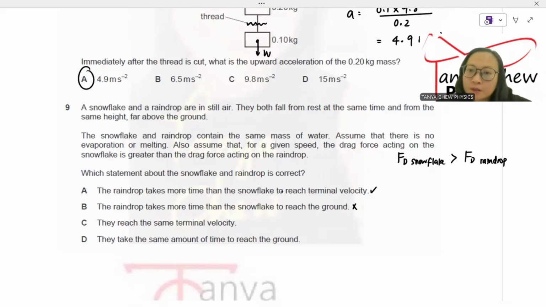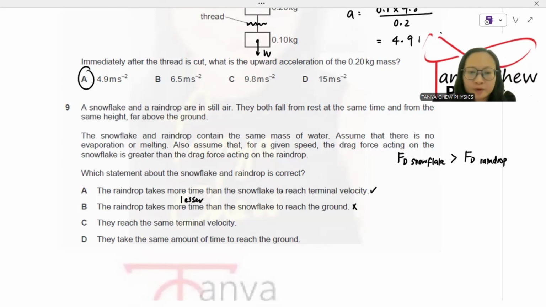The snowflake stops accelerating first, but the raindrop is still accelerating. So that is why the raindrop would take less time, because when the snowflake has already stopped accelerating, the raindrop is still accelerating. Accelerating means it moves faster, so it will take a shorter time to reach the ground.